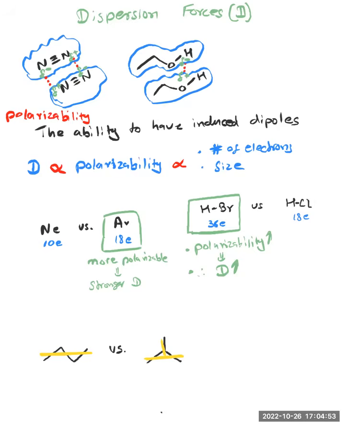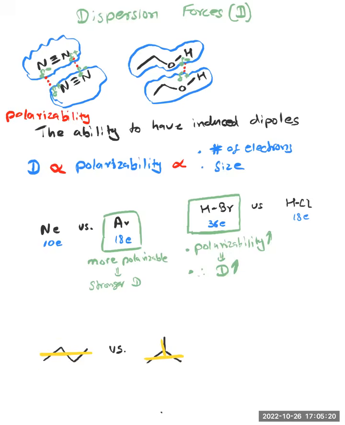So here's the implication. The molecules on the left can get closer to each other. Let me show you 2 molecules, here's 1, here's 2. You see that they can get closer to each other. As a result, they're going to have a greater surface area of contact.